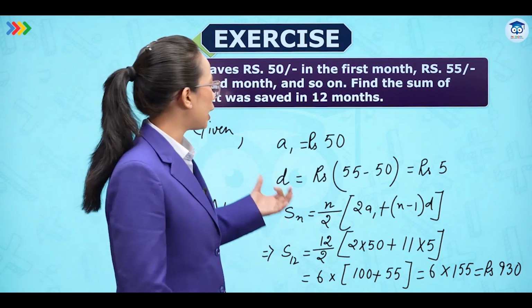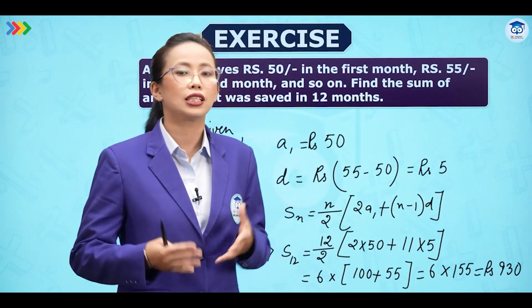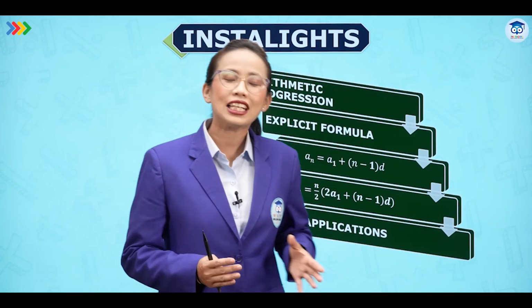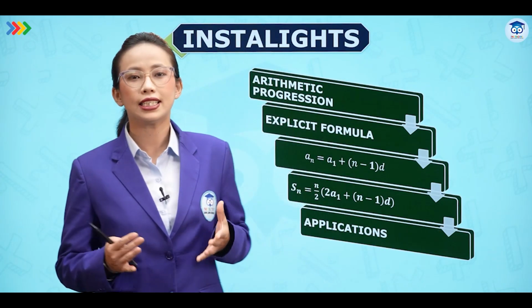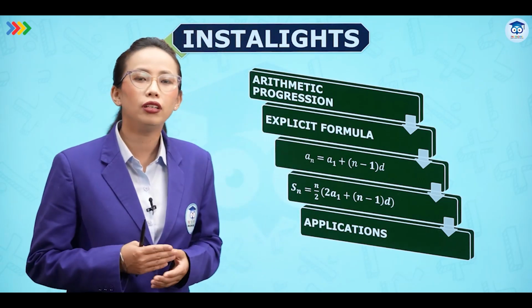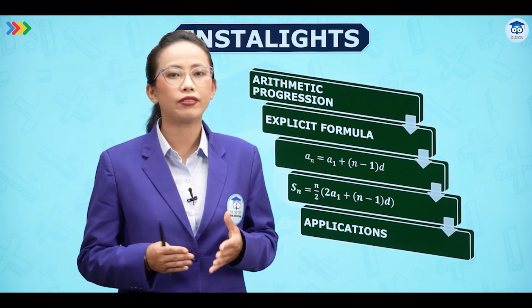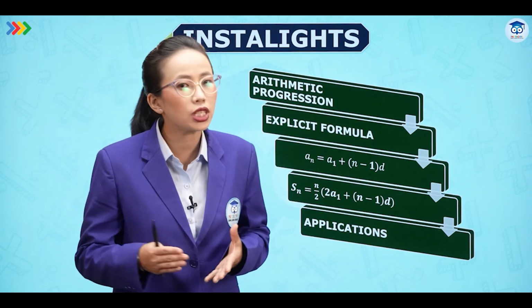So you can increase the value and check how much you can save in a certain period of time. Okay, let's recap what we have learned in this entire chapter, arithmetic progression. In this chapter, we have learned about the arithmetic progression, a sequence of numbers having the same common difference between consecutive terms.